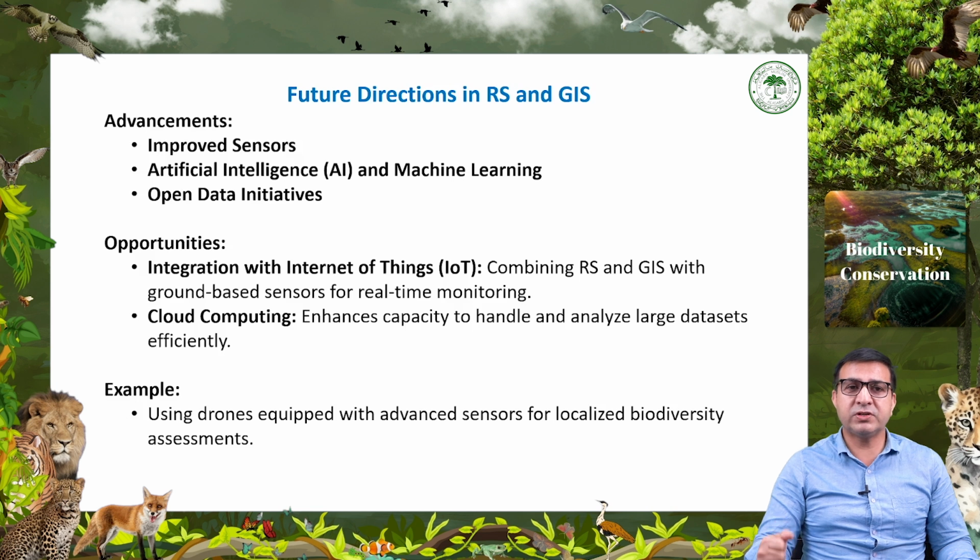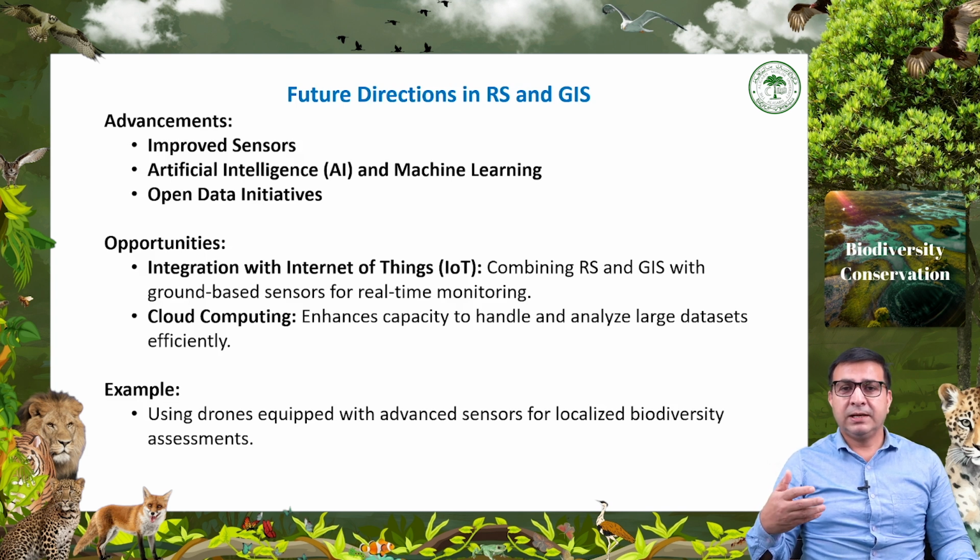What are the future directions for RS and GIS? There are emerging advancements, as we discussed in these few slides, in RS and GIS technologies that will shape the future of biodiversity conservation, such as improved sensors.